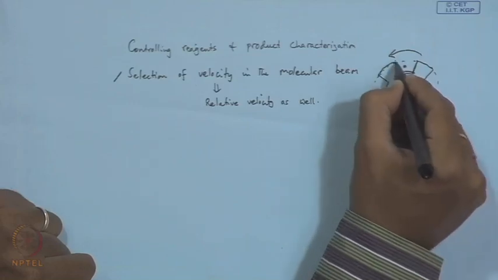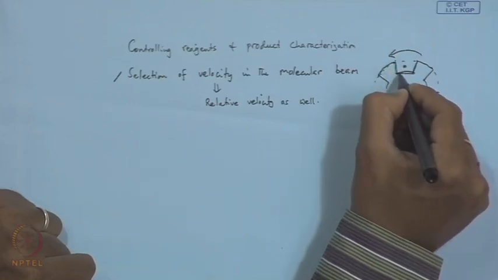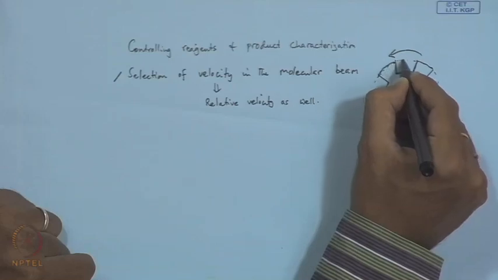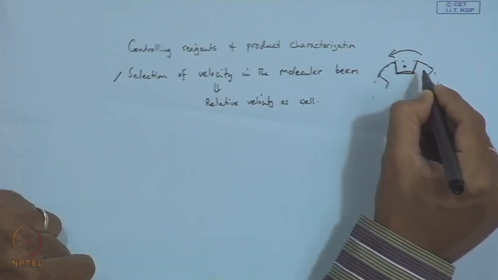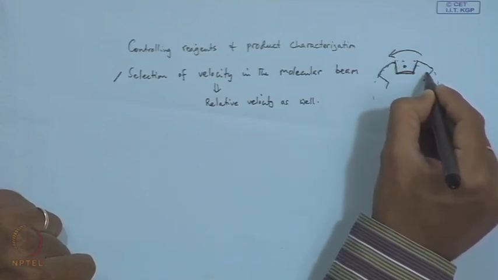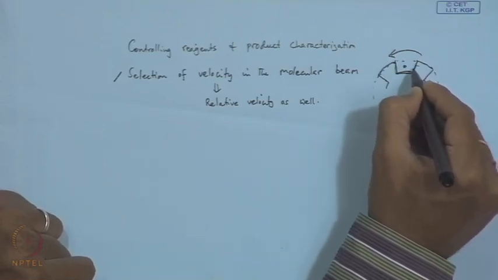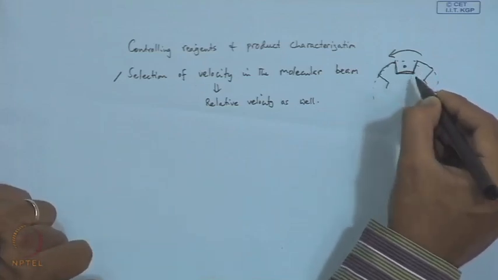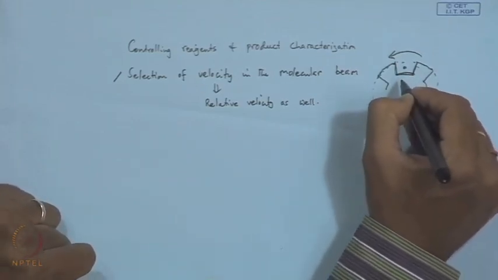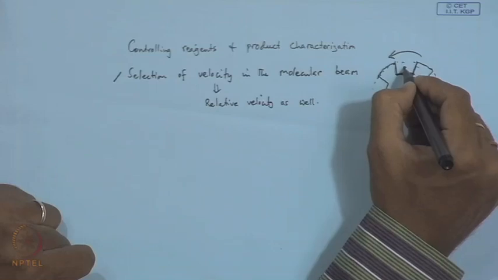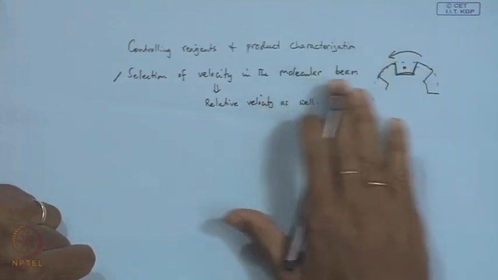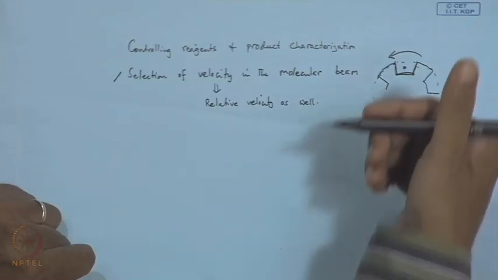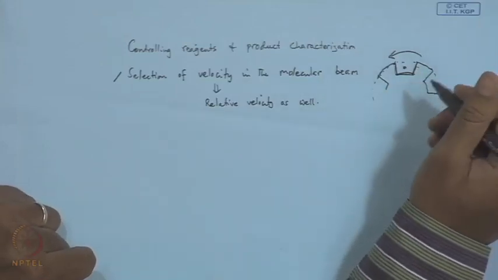So, this molecular beam will be on for the time required for this part to come to here, and then off for this much of time. Depending on speed, the molecules which are able to come here can pass through, and those which are not able to come to this plane of the paper will not be able to pass to the other side.